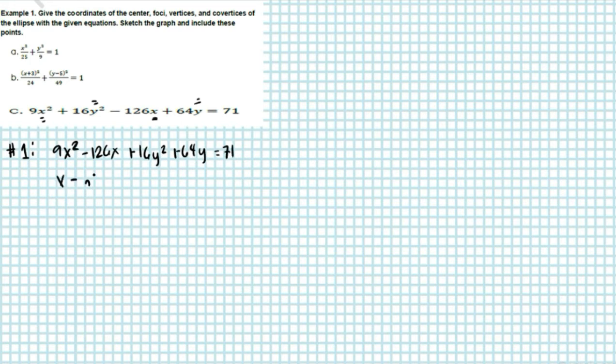If you remember, the standard form ng ating ellipse is x minus h squared over a squared plus y minus k squared over b squared is equal to 1. Makikita nyo sa standard equation, walang coefficient na kasama si x at si y. So, unahin natin gawin itong si x. After natin i-rearrange yung ating equation, next step is completing the square.